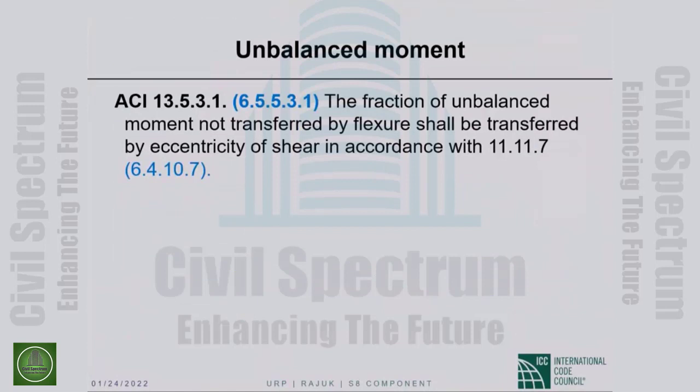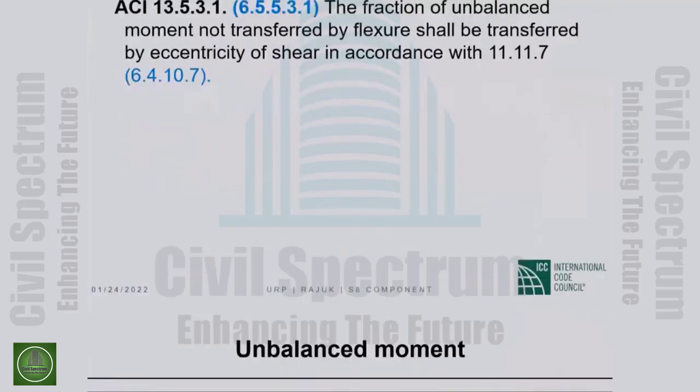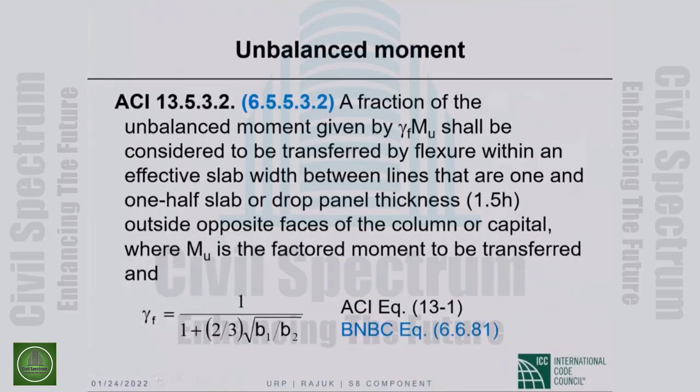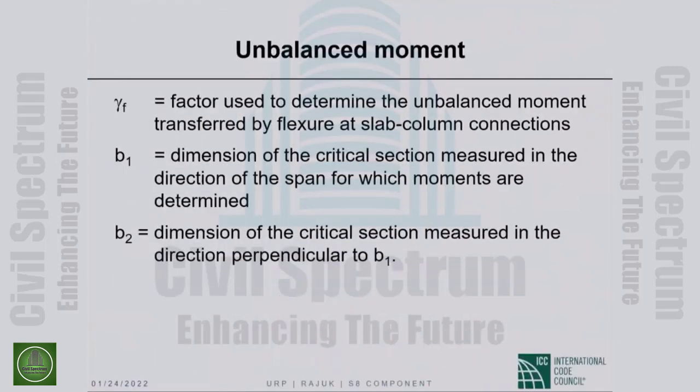Now, when there is a moment to be transferred from the slab to the column at a slab column joint, part of it is assumed transferred by flexure and part of it by shear. The part that is transferred by flexure is given by this expression, where b1 and b2 are the dimensions of the critical section for two-way shear.